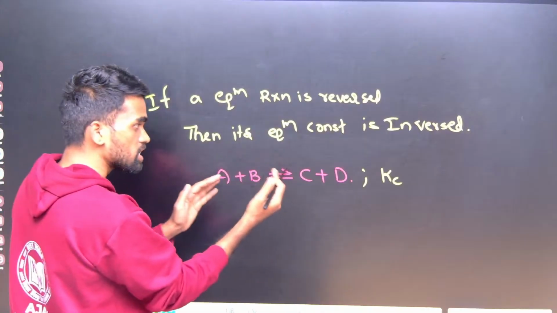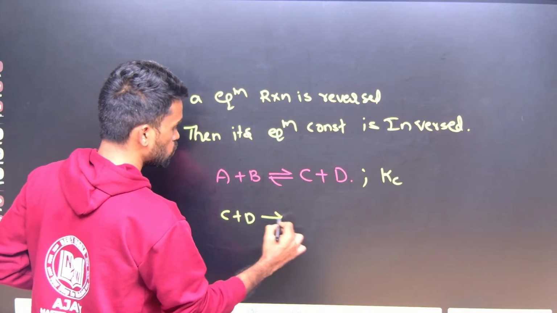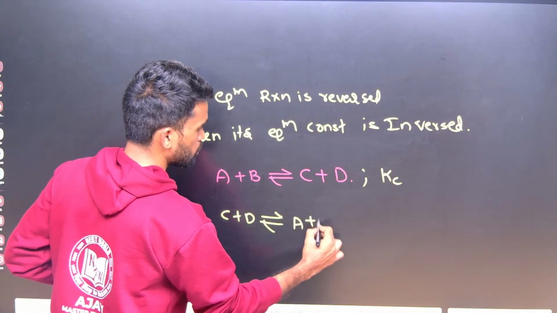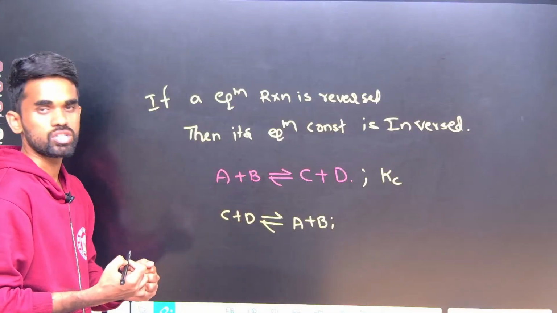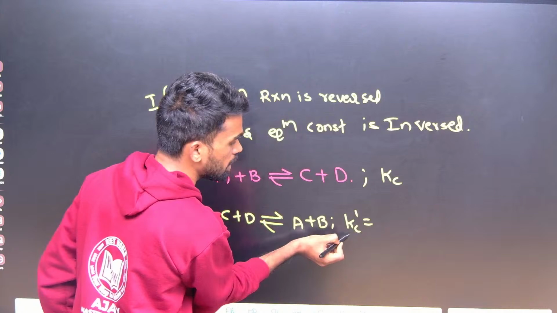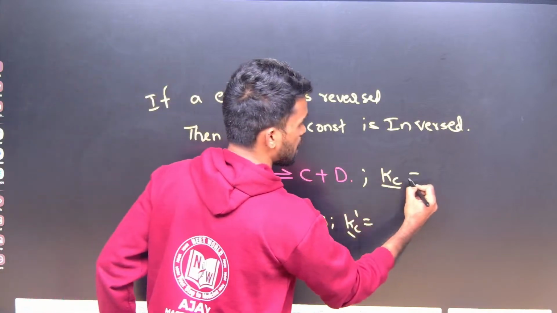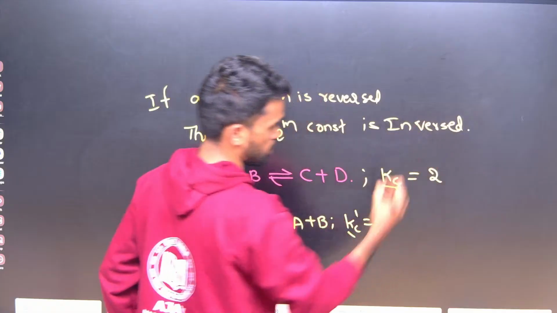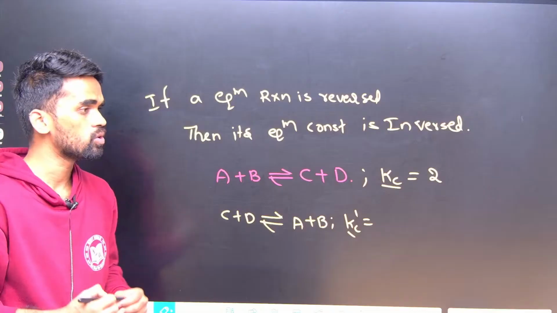Now this reaction is reversed. It means C plus D is giving rise to A plus B. So now what happens to the equilibrium constant of this reaction? Here I am calling it Kc dash. So how can you relate Kc dash to the Kc value? For example, Kc value I am giving as some number like 2. So what happens to its Kc dash here? This is how they will ask you.